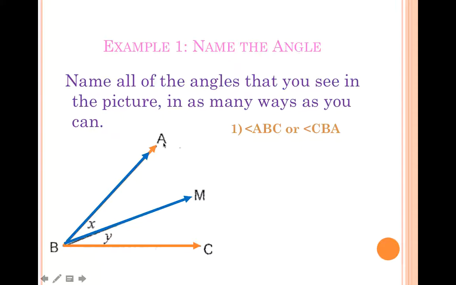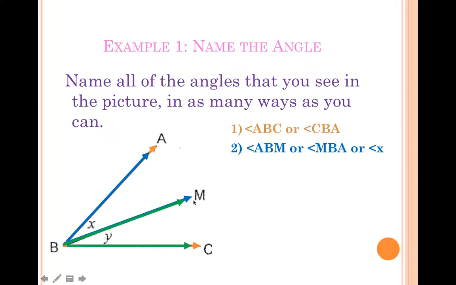Alright, now let's move on to this top angle that I've colored in blue. Again, we could start with the point, go to the vertex, and go to a point on the other ray. So angle ABM or MBA. Or I could name it by the number or letter that is written inside. So I could also name it angle X. So those are my options for my second angle. Alright, and my final angle.